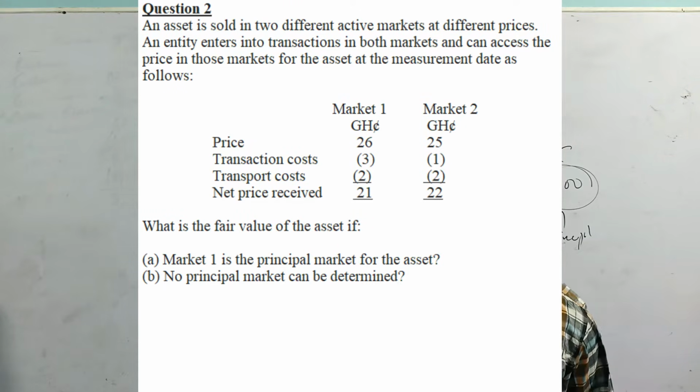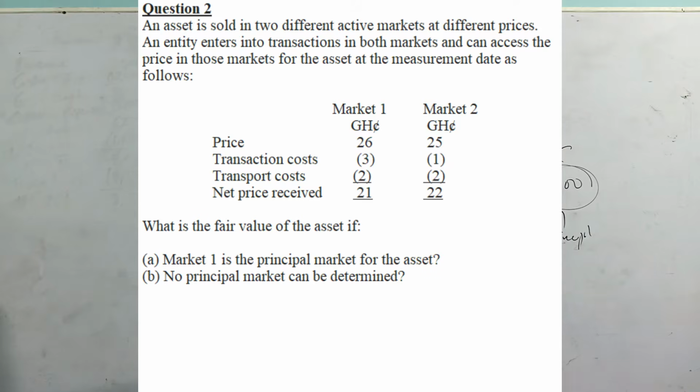In market 2, for a price of 25 cedis. However, transaction cost in market 1 is 3 cedis, and it will cost you 1 cedi in market 2. Transportation cost is 2 cedis in both markets. Therefore, the net price to be received in market 1 will be 21 cedis, and market 2 is 22 Ghana cedis.